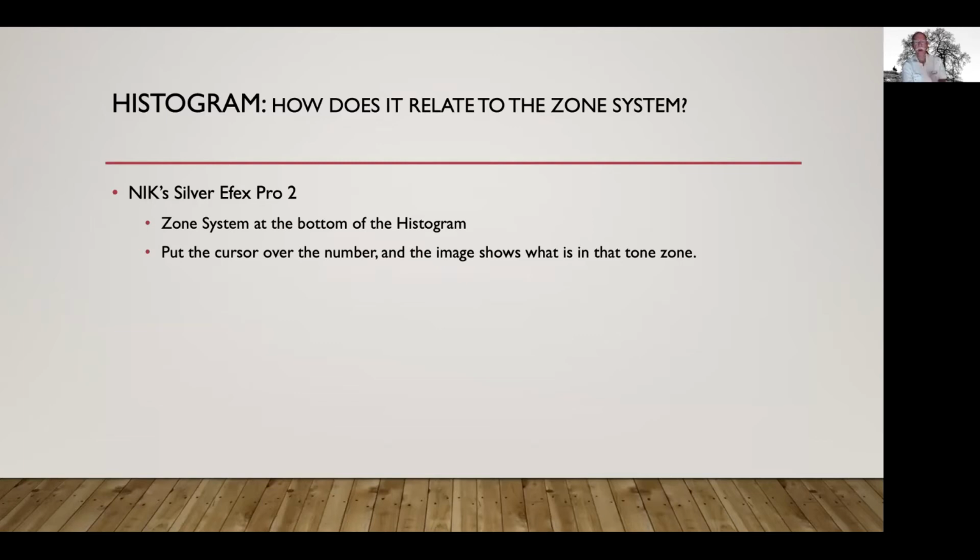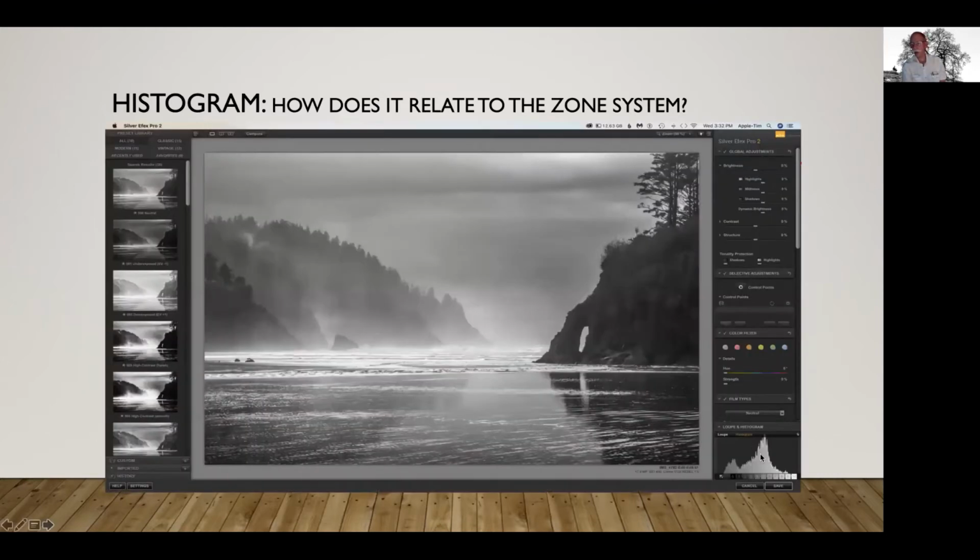And on the bottom of the histogram, it will show me where these things are. Here's an example. Right down here, these are the zones from 0 to 10. If I roll over these zones, it will light up the corresponding part of the image.